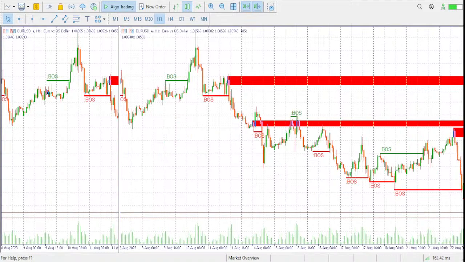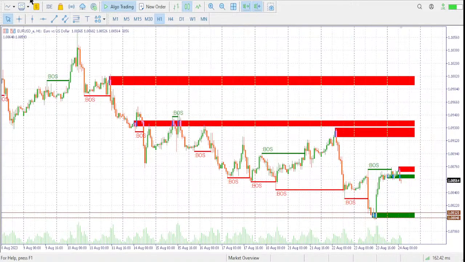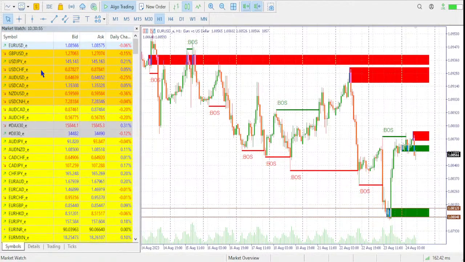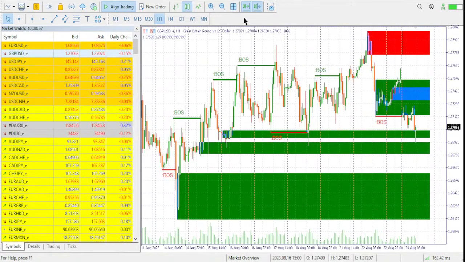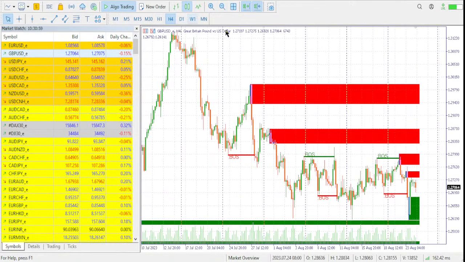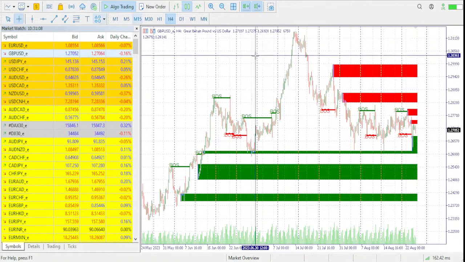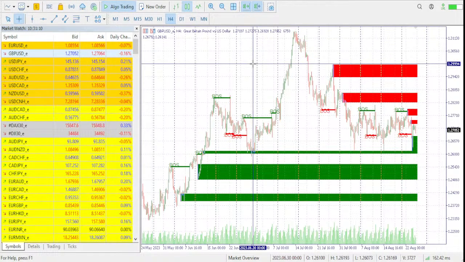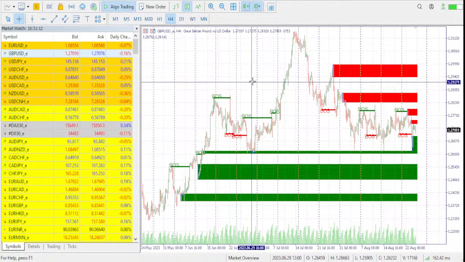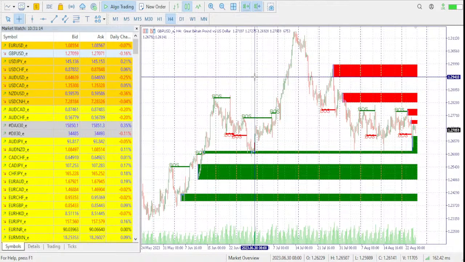So the next chart which I'd like us to have a look at is GBP USD. With the GBP USD so far, these are the zones I want us to focus on. I want us to focus on this upper zone. It is around 1.29994. The lower one is 1.29410.